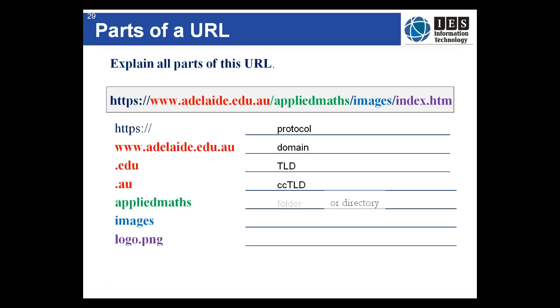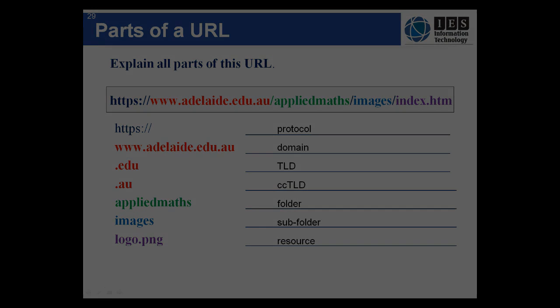Applied Maths is a folder, and Images is a subfolder. Logo.png is the resource. In this case, that's an image file that we want to load into the browser. That is the end of Computer Fundamentals Lecture 8.